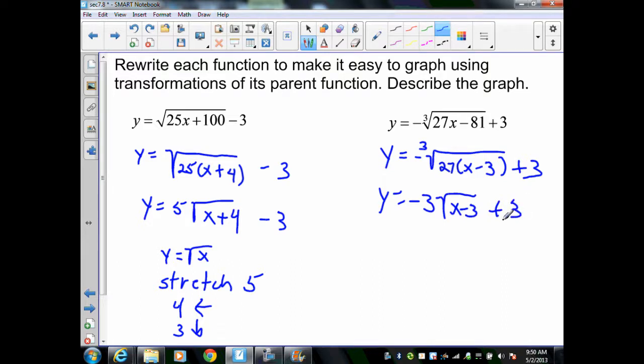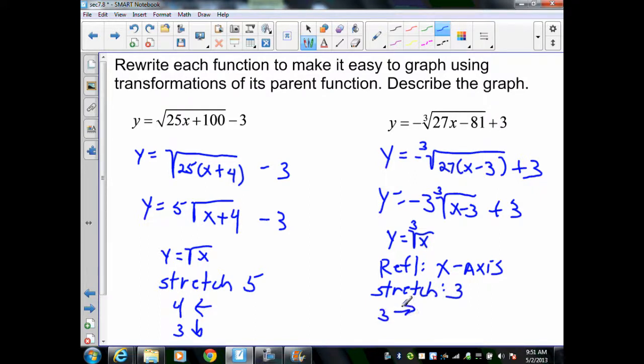The cube root of 27 is 3. So this is going to give me y equals the cube root of x as the family of functions. I'm reflecting over the x-axis. I have a stretch of 3, a shift to the right 3 units, and a shift up of 3 units.